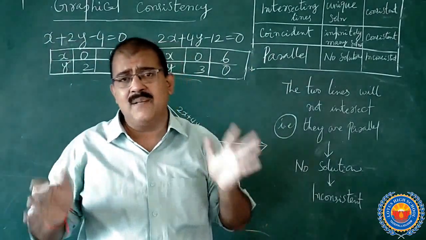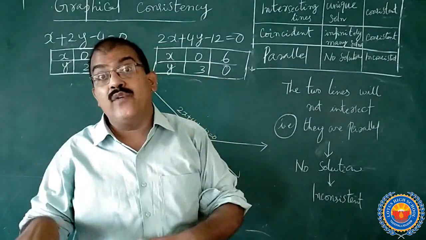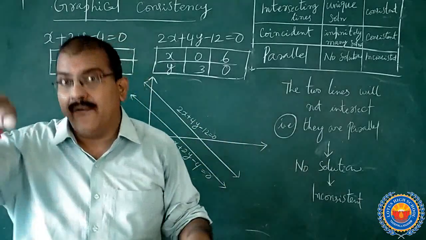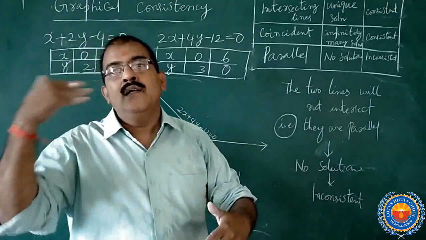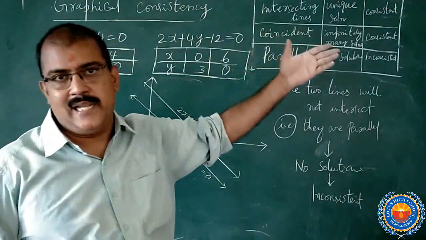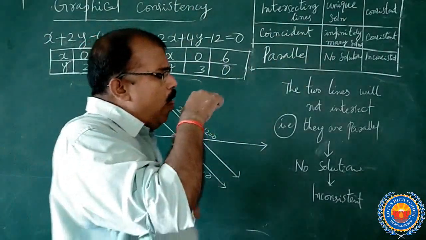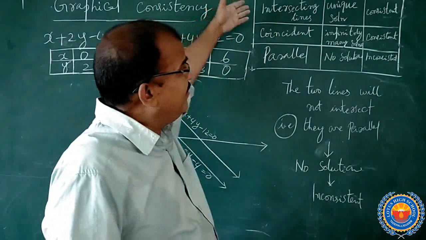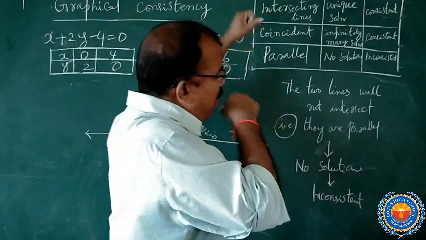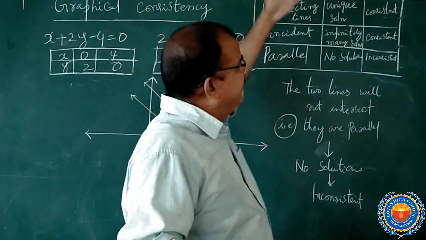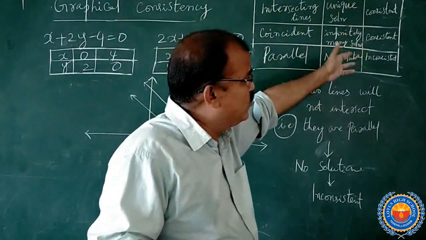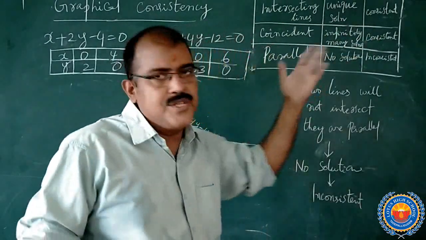In this class the main thing is we can find the solution of a pair of linear equations in two variables graphically also, and some conditions. Graphical consistency: if it is intersecting, unique solution, consistent; coincident, infinitely many solutions, consistent; parallel, no solution, inconsistent.